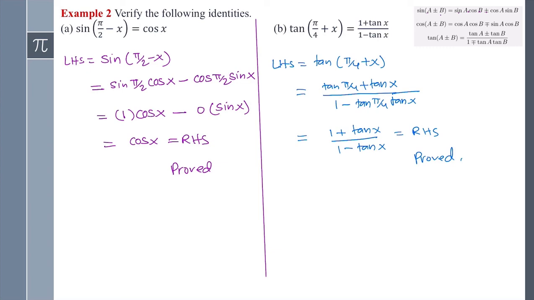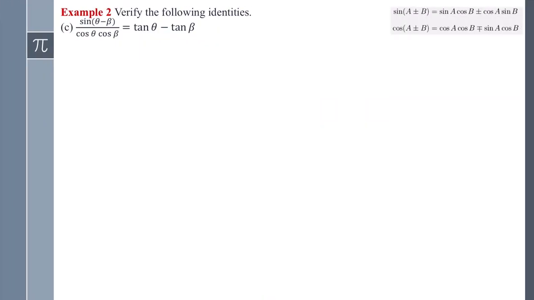Let's look at one more example. Here we are going to prove that sine of theta minus beta over cosine theta cosine beta equals tangent theta minus tangent beta. Okay, so let's start with the left hand side. It equals sine of theta minus beta over cosine theta times cosine beta.